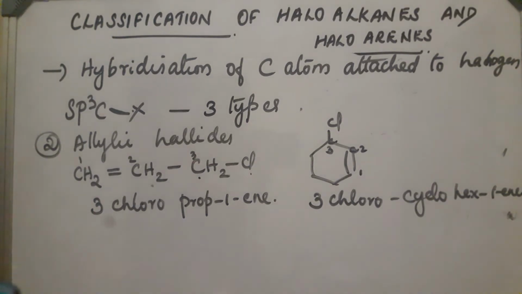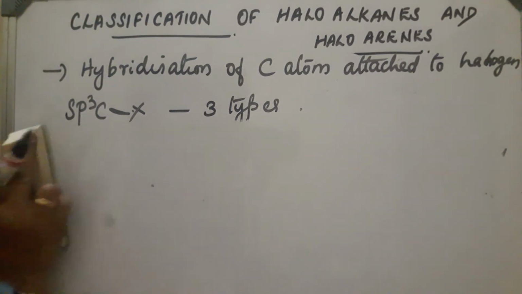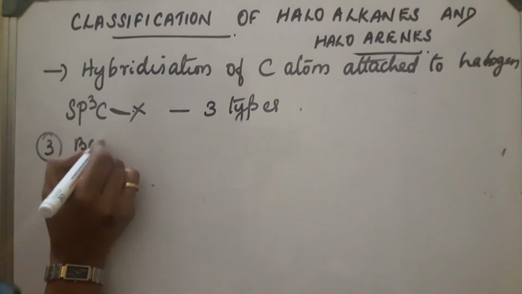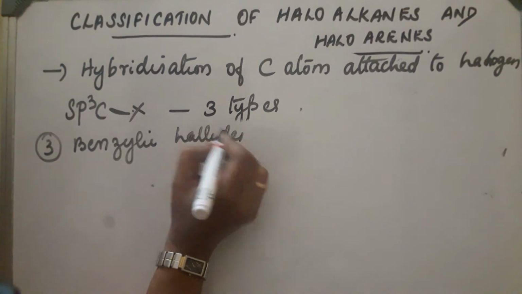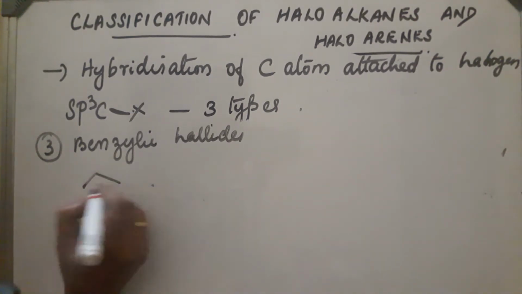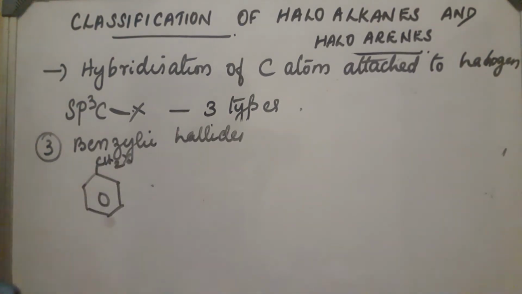Now, the next type is benzylic halides. The third type, benzylic halides: the halogen atom is attached to a carbon atom that is next to an aromatic ring, that is, a benzyl group is attached to the halogen-containing carbon.